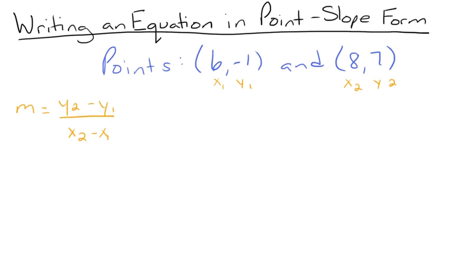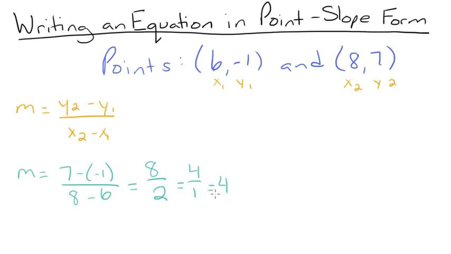And now we're going to plug in our values. So m is equal to y2 minus y1, which is 7 minus -1, over x2 minus x1, which is 8 minus 6. 7 minus -1 can be thought of as 7 plus 1, which is 8, and 8 minus 6 is 2. 8 over 2 simplifies to 4 over 1, which is equal to 4.